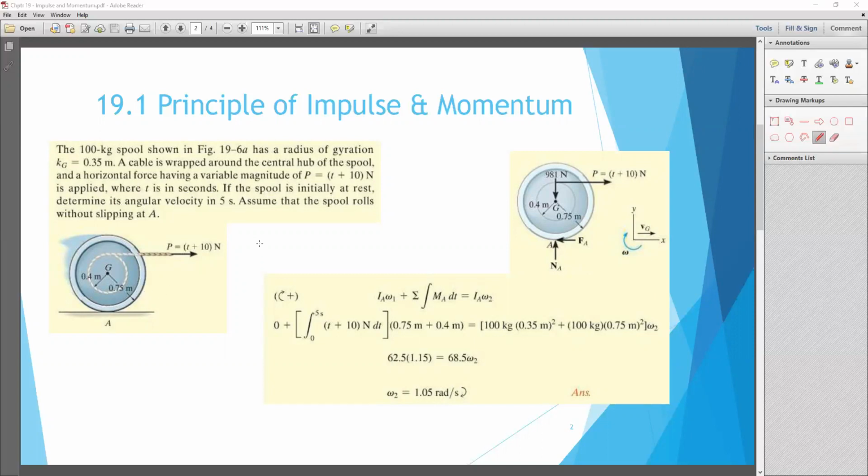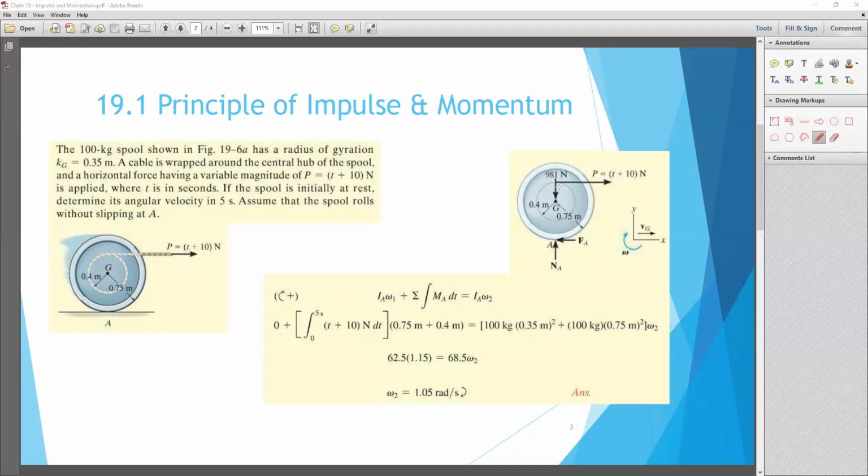To solve this particular problem, let's move on to the right-hand side here. What we have here is the free body diagram of this problem. Here we can see at point A, we have the reaction force NA and the friction FA.